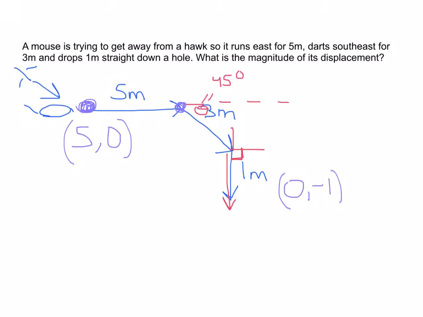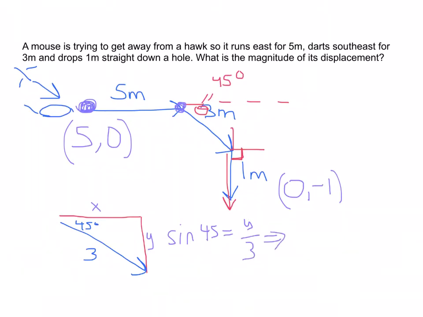So let's zoom in on that one. That one looks just like this. And we know that this is 45 degrees. And we know that this is 3. So we know that the sine of 45 degrees, we'll call this our x direction and our y direction, is equal to y over 3, or y equals 3 sine of 45.